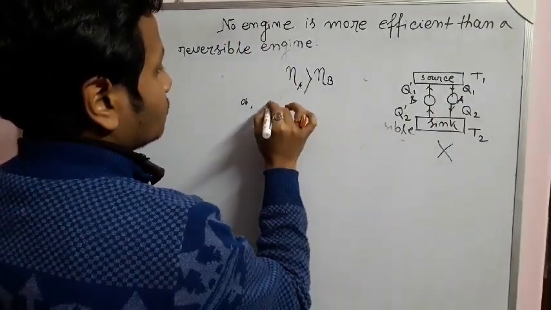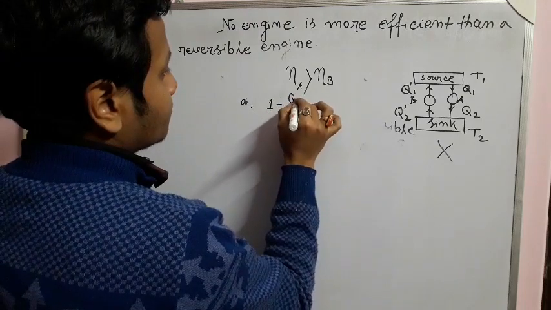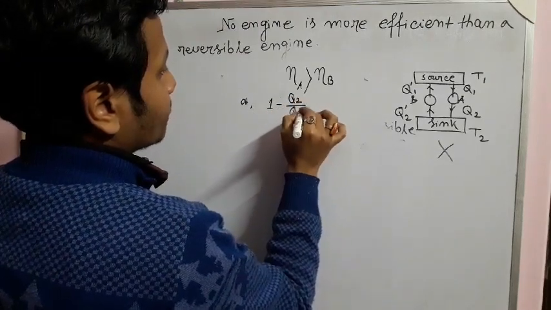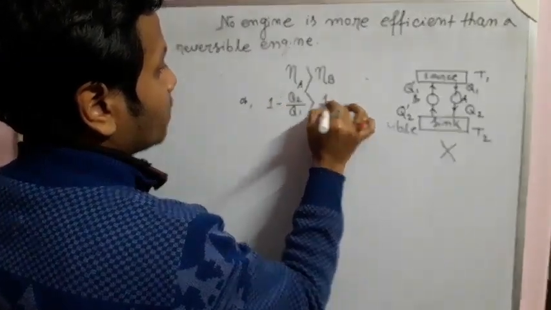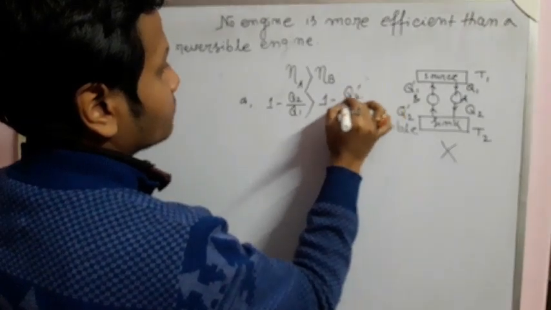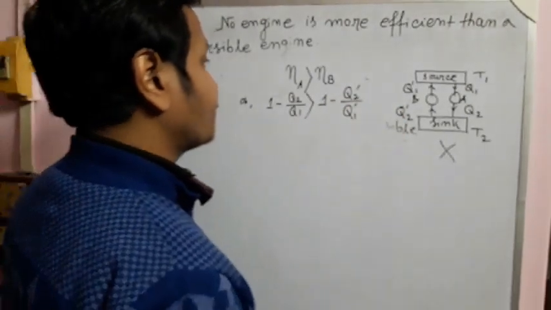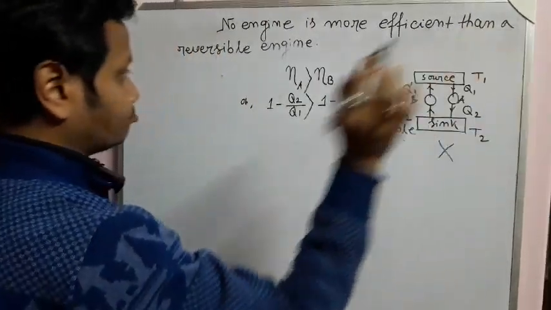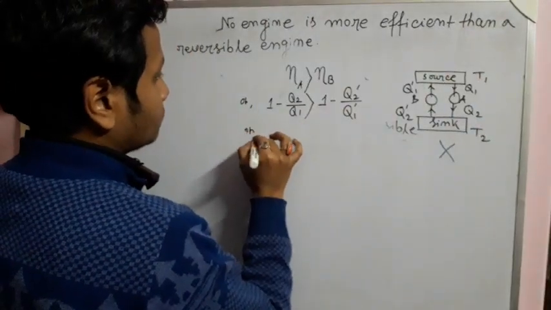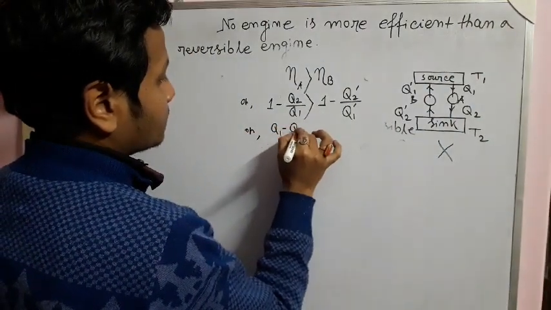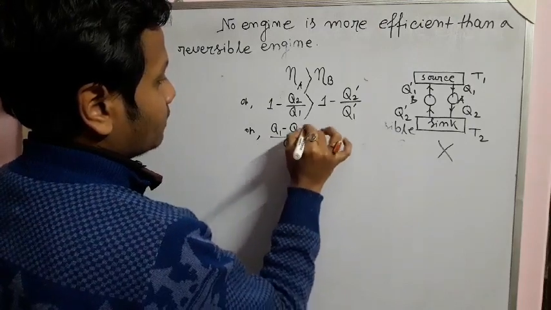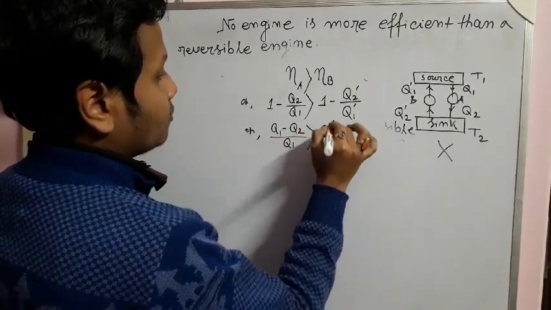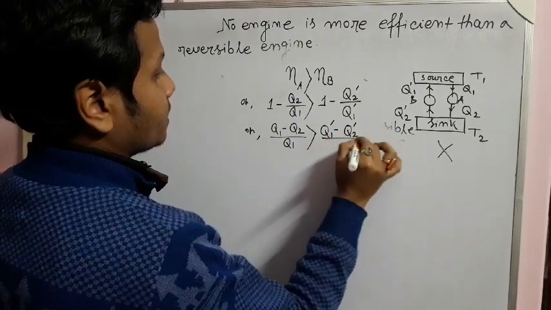This simply equals 1 minus Q2 dash by Q1 dash. Now simply, (Q1 minus Q2) by Q1 is greater than (Q1 dash minus Q2 dash) by Q1 dash.